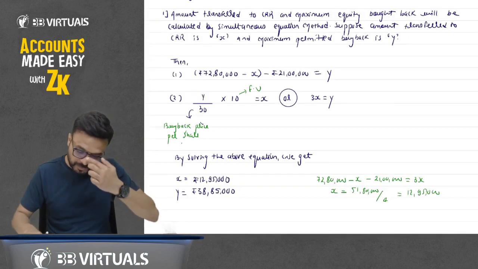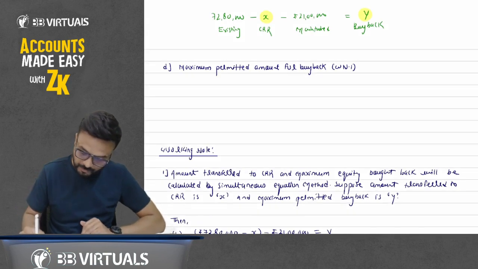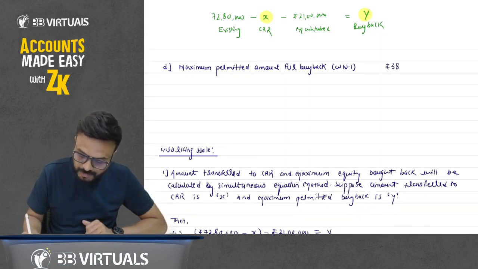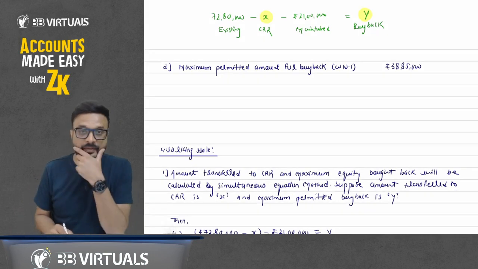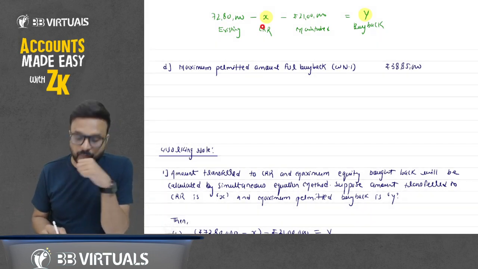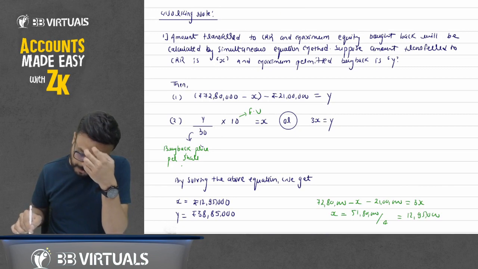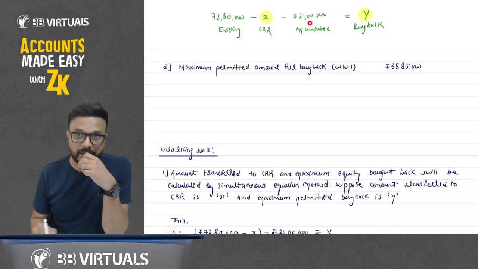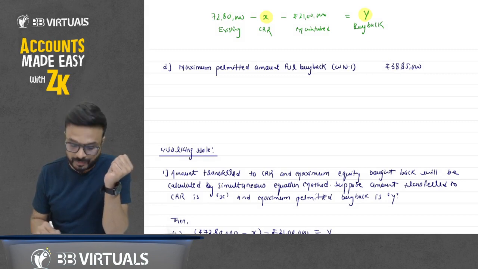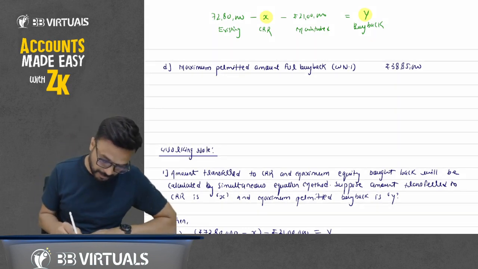So we have y, 38 lakh 85,000. So we can utilize for buyback 38 lakh 85,000. Now see here, we have 72 lakh 80,000, and to CRR we transfer how much? 12 lakh 95,000 will transfer to CRR. 21 lakh should be maintained. Remaining 38 lakh 85,000 we can utilize for the purpose of buyback.